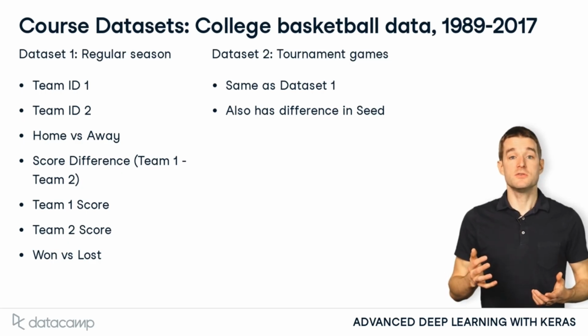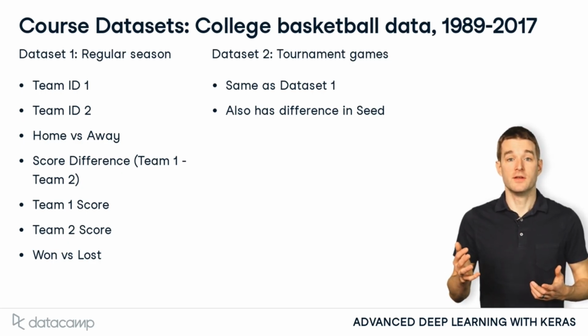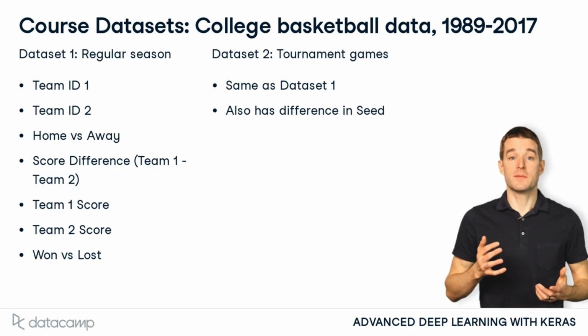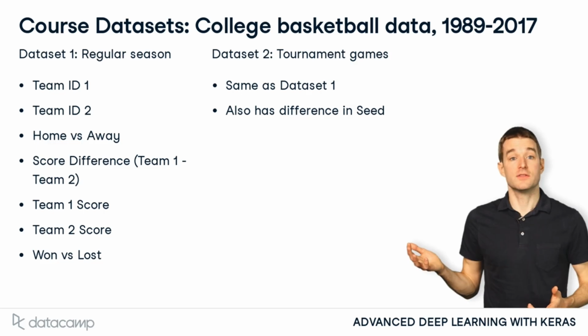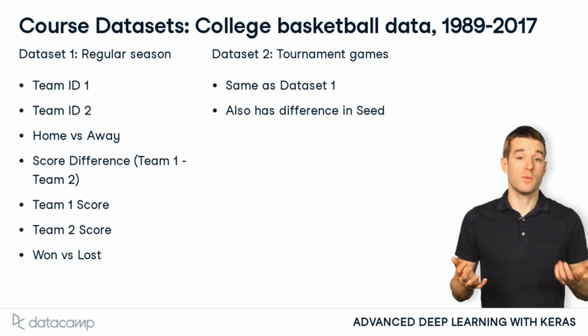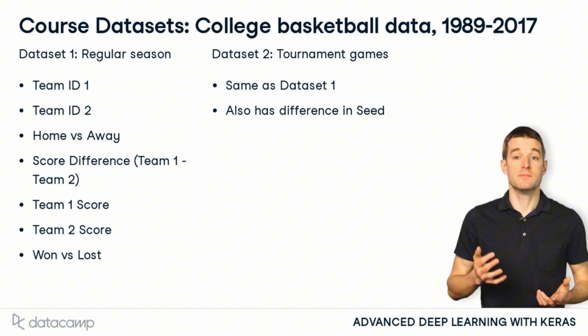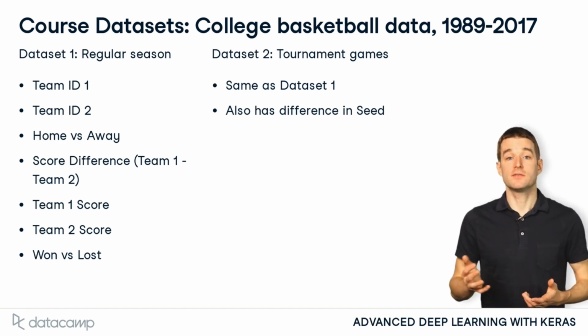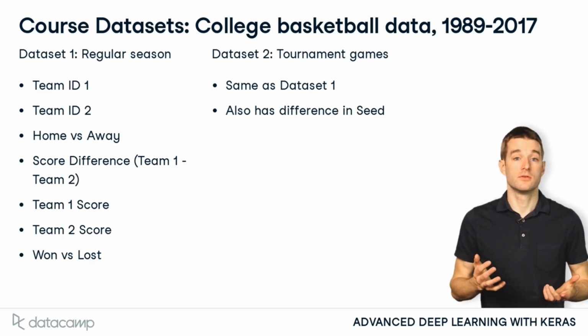You will be using 2 datasets of college basketball games from American colleges. The first dataset is from the regular season and has the following data: the IDs of the 2 teams that played, whether the first team was home or away, whether the first team won or lost the game, and by how many points the first team won or lost.